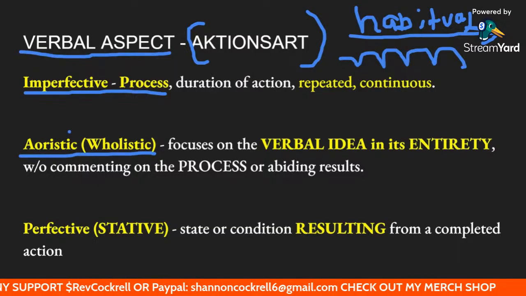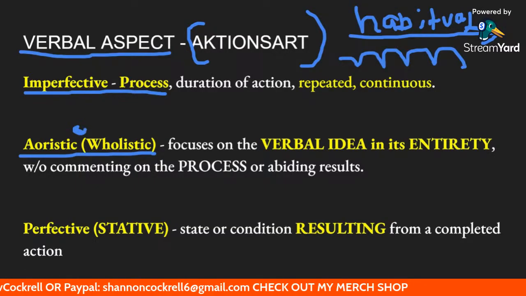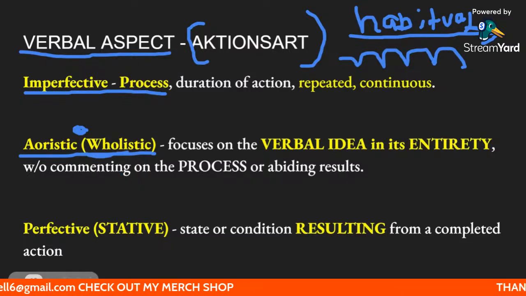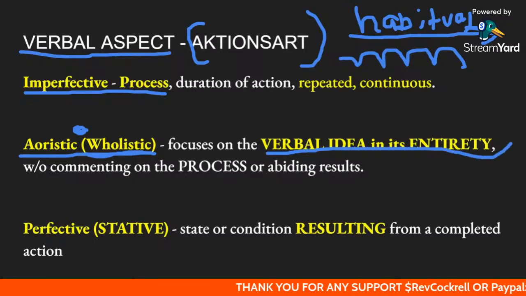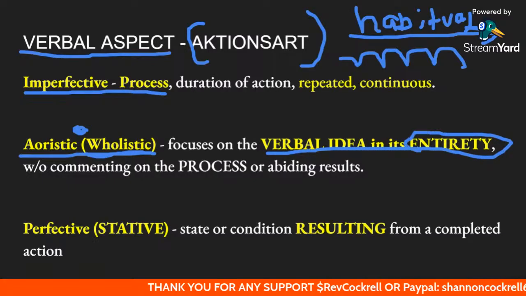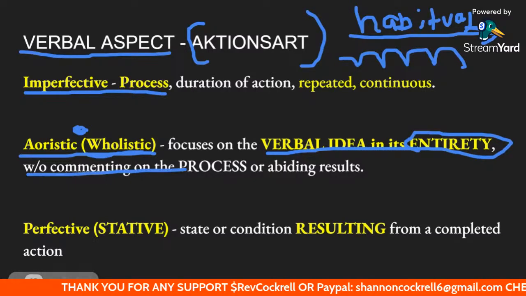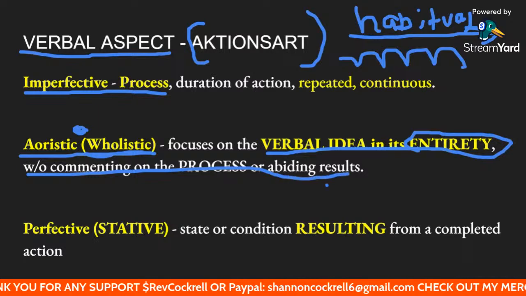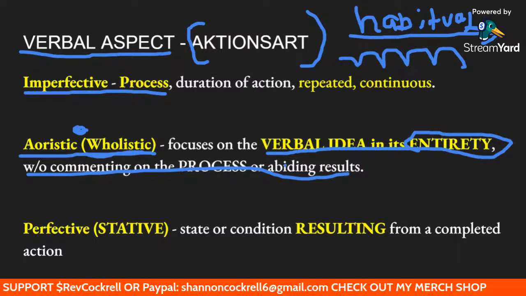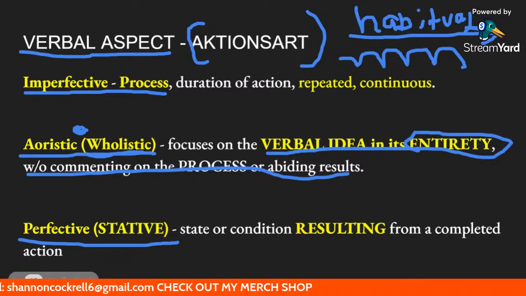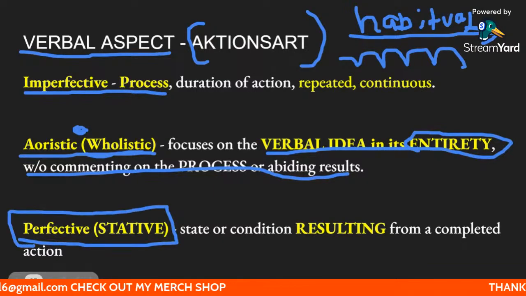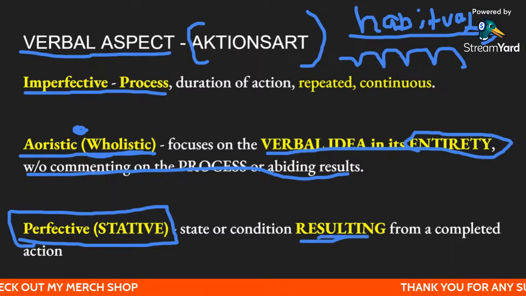Aoristic is like a fuzzy dot. It deals with the action as a whole, so you will hear it called holistic aspect as well. It looks at the action in its entirety, and it doesn't really comment on the process or the abiding results. It's just the whole action, a summary. Perfective aspect, or stative aspect, deals with the results.